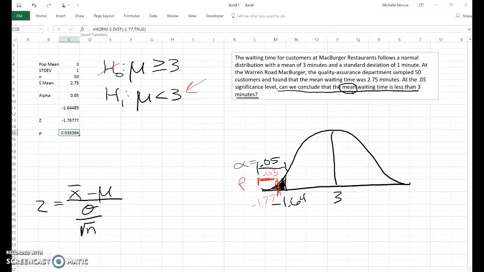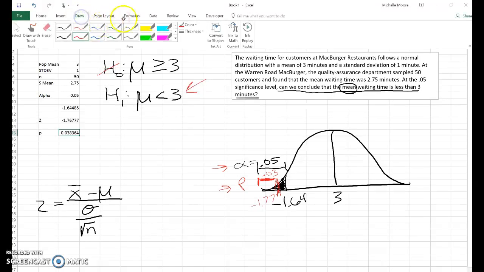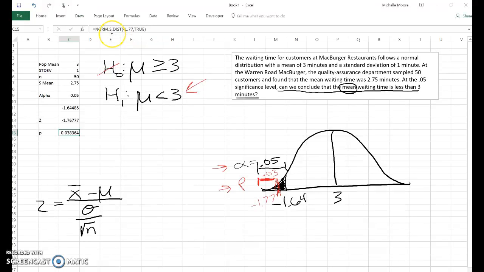So now in this case, 0.03 is less than 0.05. So we're going to compare the p-value and alpha. Now, in the past, we have compared our critical value right here to our test statistic. And that's one way to make a decision to reject the null.